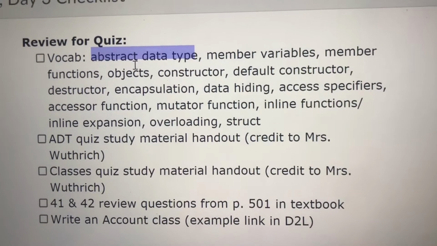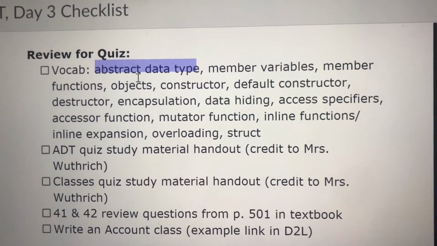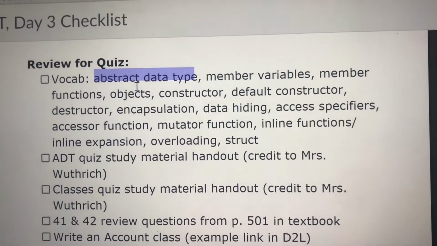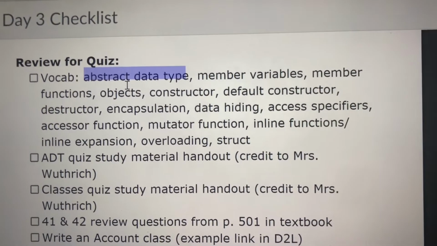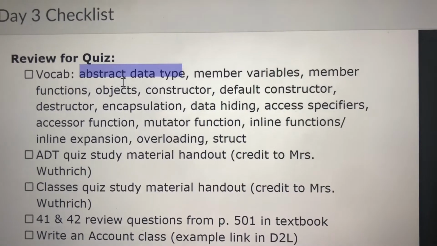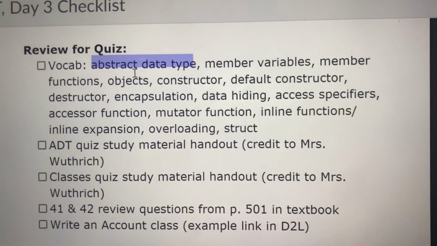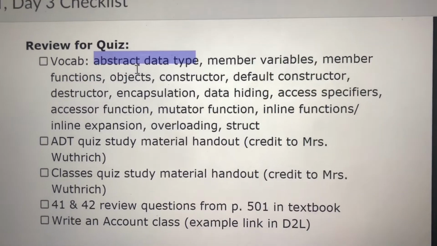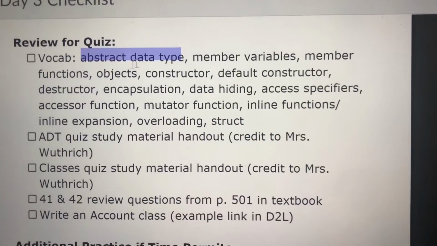I know how to turn on my keys and make the car work, so I can use the car without having to know how the engine works, right? I don't have to understand how all of it was created to be able to use it. And so an abstract data type is a programmer defined data type like a struct or a class. That's what we've been doing these 2 weeks.